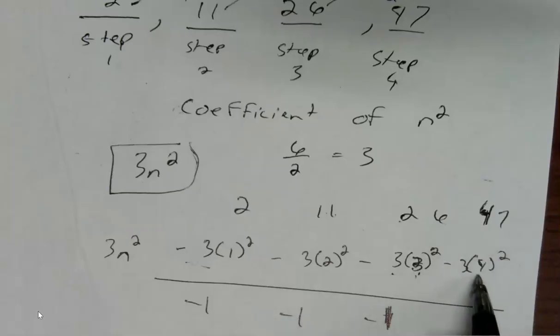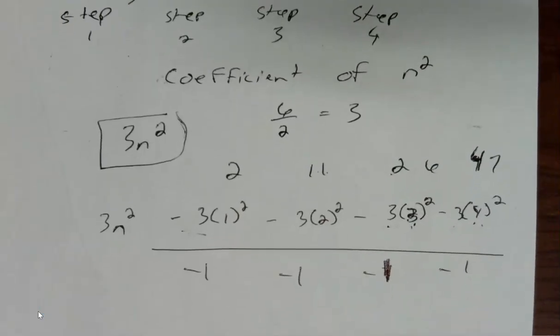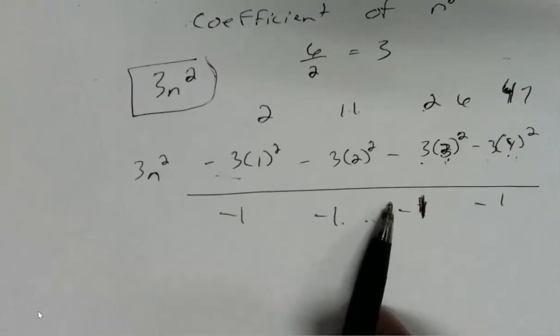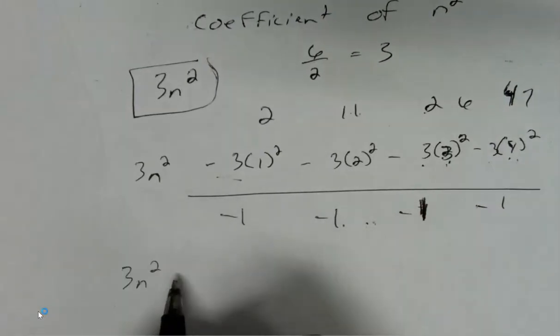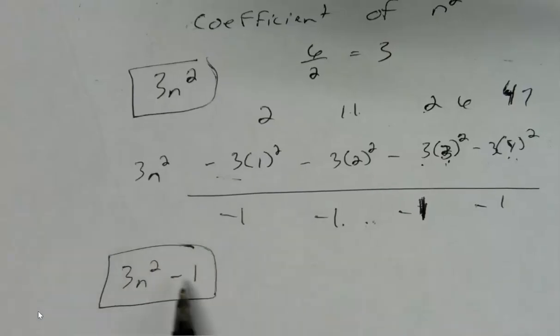And 3 times 16 is 48, and 47 take away 48 is also negative 1. Here, my common difference each time is negative 1. So apparently, take away 1. My formula for this is going to be 3 times the stage number squared, take away 1.